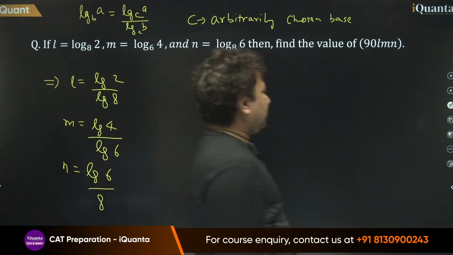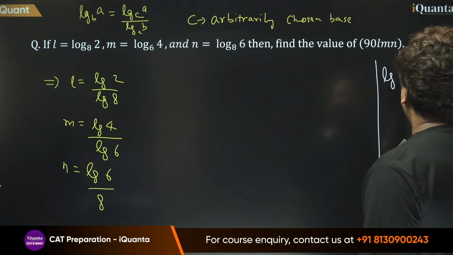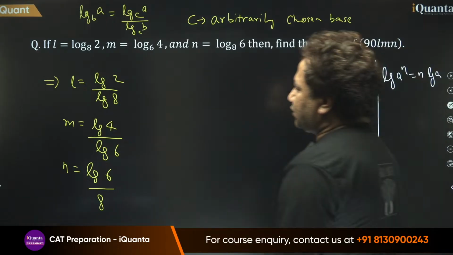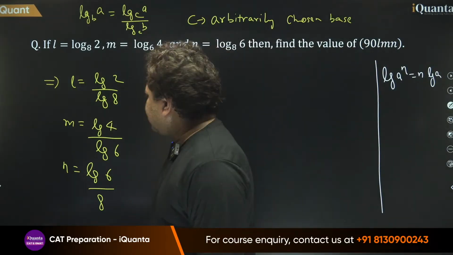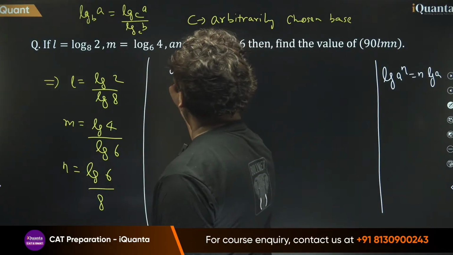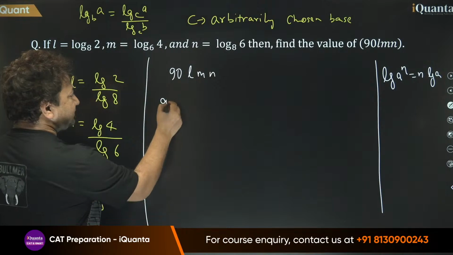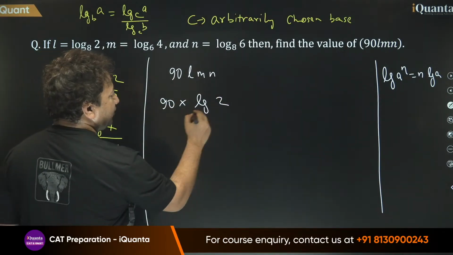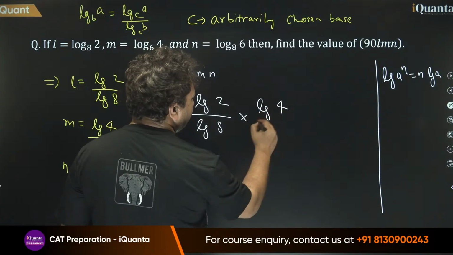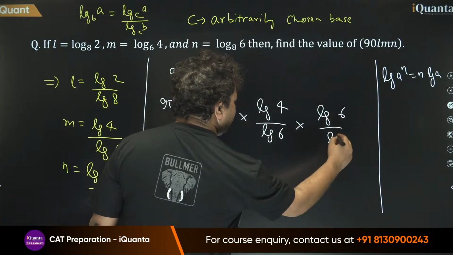One more property of log which I will be using is log a to the power n is equal to n log a. Let's try and solve it. I need to multiply 90, L, M and N. So 90 times log 2 upon log 8 multiplied by log 4 upon log 6 multiplied by log 6 upon log 8.